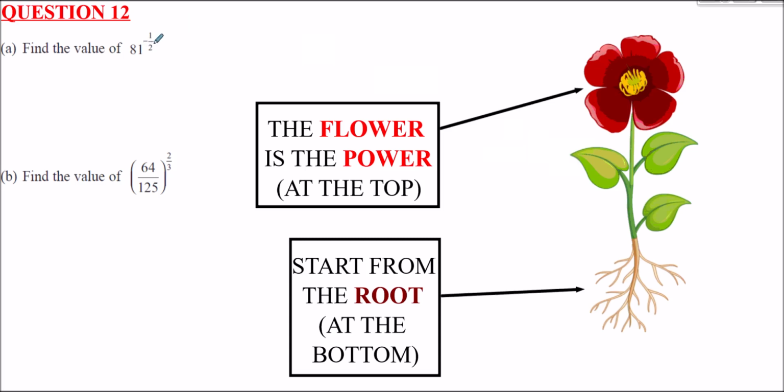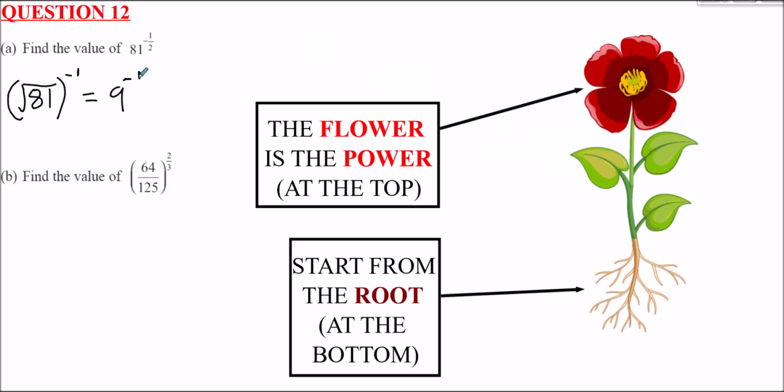So the bottom number for part A is 2. So we're looking for a number we times by itself twice to give us 81. So essentially we're looking at the square root of 81, and we'll leave that minus 1, the top number, last. So what number times itself gives us 81? Well, that's got to be 9. So we've got 9 to the power minus 1.